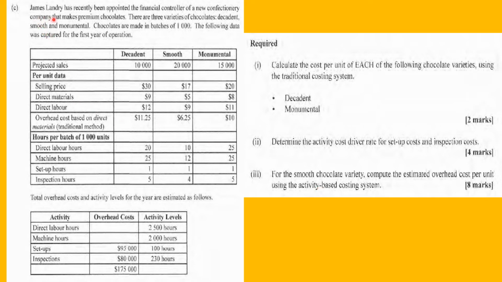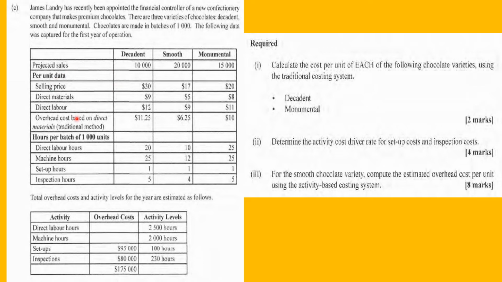James Landry has recently been appointed the financial controller of a new confectionery company that makes permanent chocolates. There are three varieties of chocolates: decadent, smooth, and monumental. Chocolates are made in batches of 1,000. The following data was captured for the first year of operations. And we have here the per unit data and per thousand data.